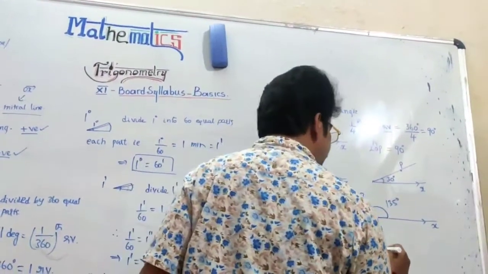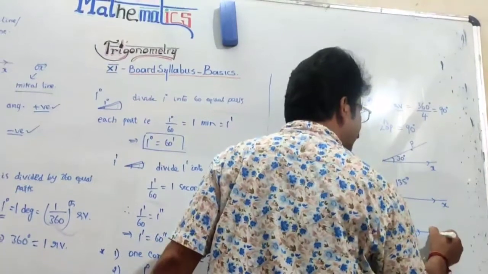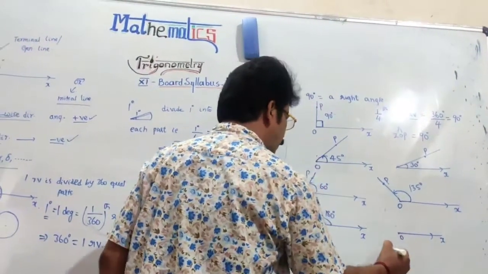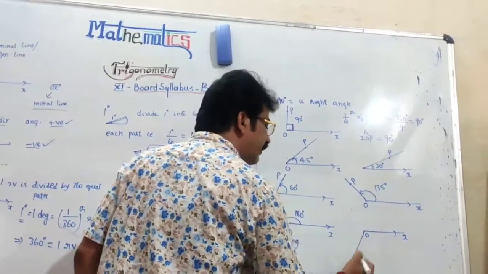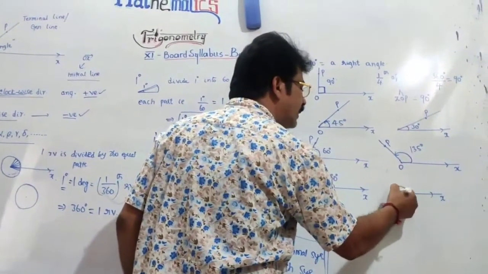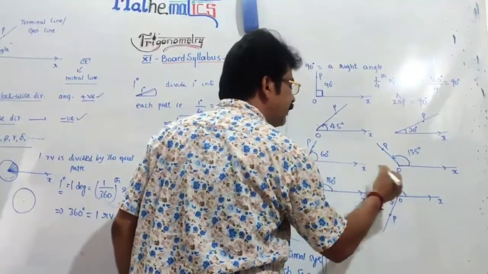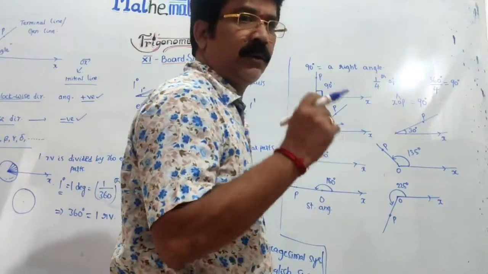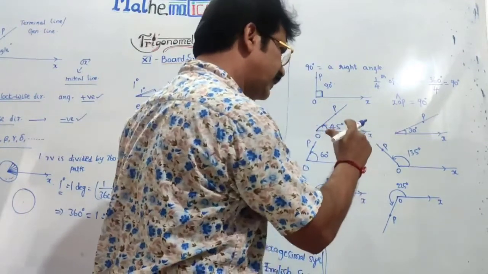So this is x, the initial line, this is O. So 180 plus 45, for example, say capital P, means it is 225 degrees. We have to represent like that for 225 degrees.